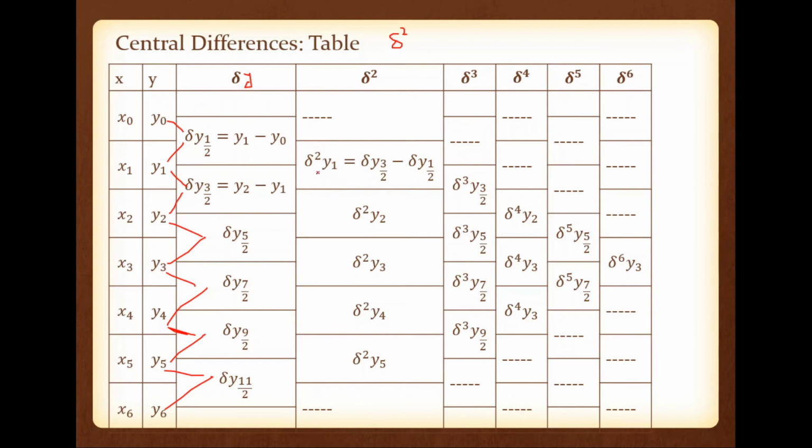So theta square y1 is theta y 3 by 2, that is 1.5, minus theta y 0.5. Similarly, theta square y2 is equal to theta y 2.5 minus theta y 1.5. Theta square y3 is equal to theta y 3.5 minus theta y 2.5, etc. Like that way we can compute.